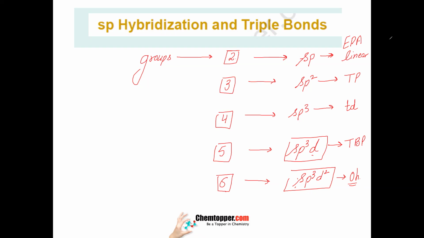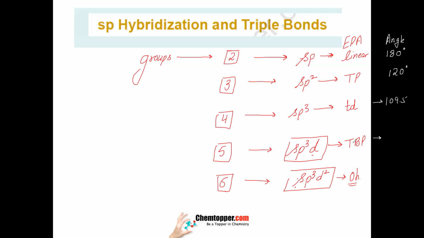if it is linear, what's the angle? Linear angle is 180 degree. Trigonal planar angle is 120 degree. Tetrahedral angle is, all of you please type the tetrahedral angle, 109.5 degree.